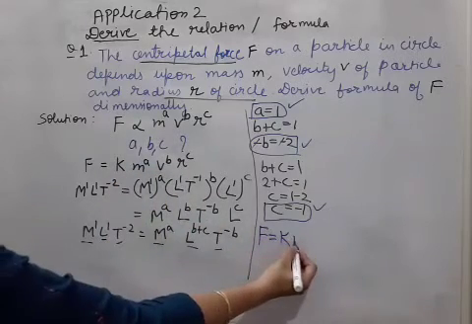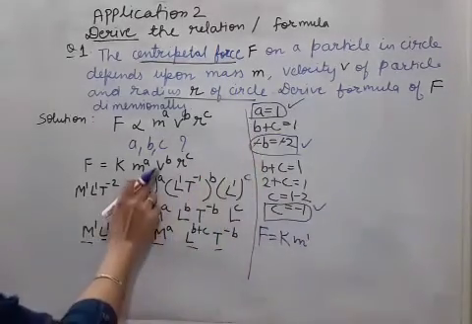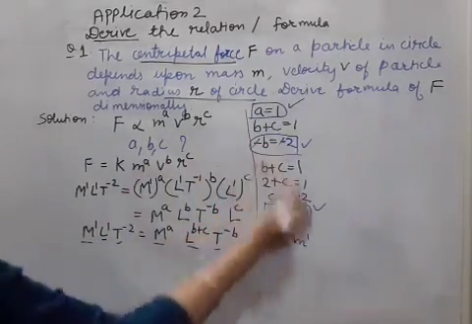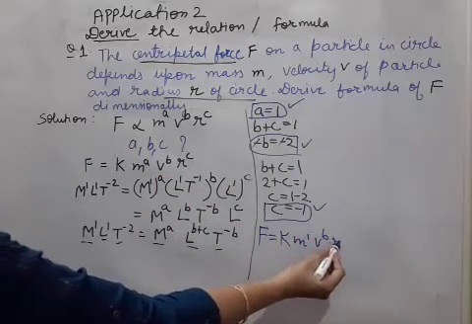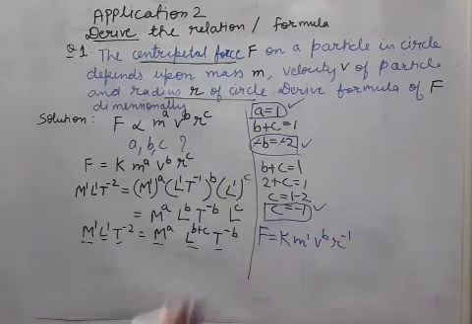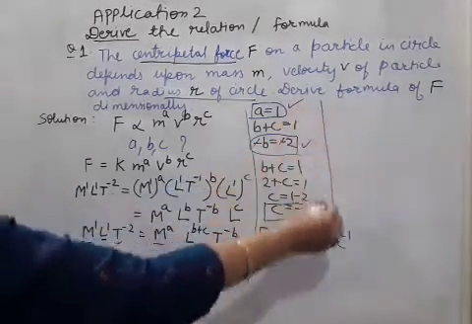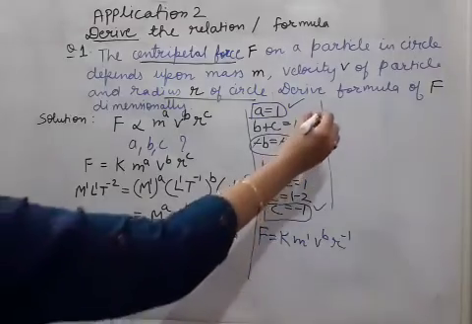So after this, write K as it is and put in all the other powers. M power 1, V power B is 2, and R power C is -1. So this is the answer. Once we have obtained the A, B, C answers, our question is complete. Whenever any negative power appears, we can shift it down.